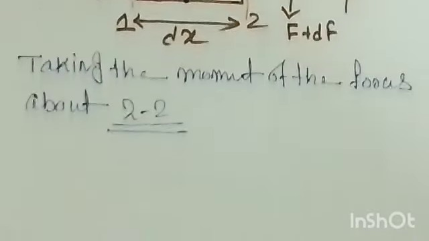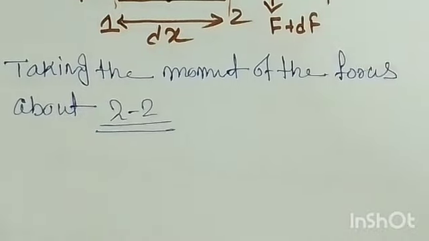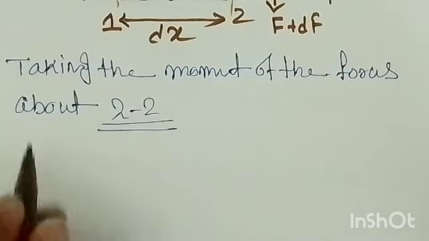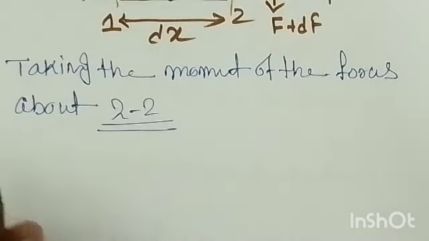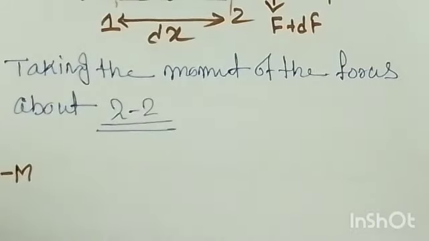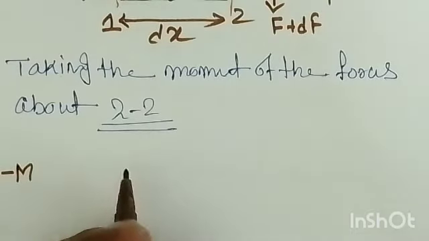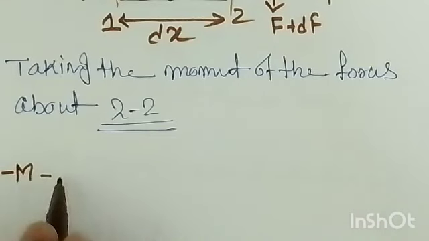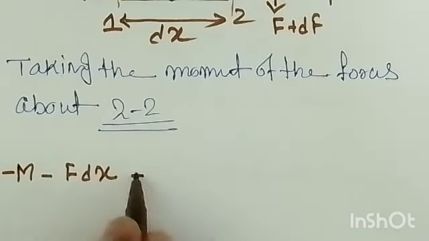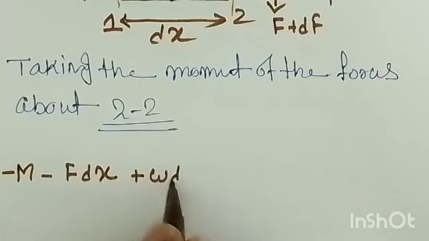Okay, now we have already written that taking the moment of the forces about section 2, right? So directly you can write the moment at section 1: first is M, which I'll take as a minus, because clockwise I took as negative, minus F into dx, plus W into dx.